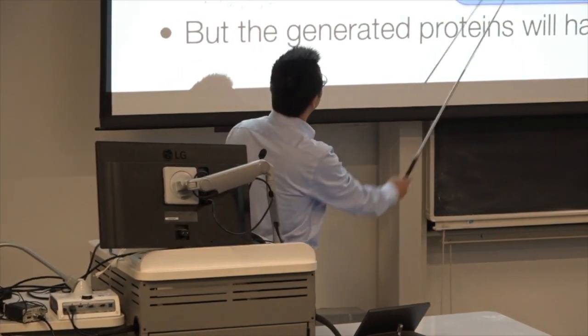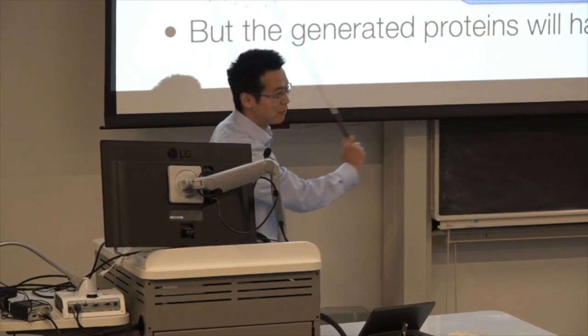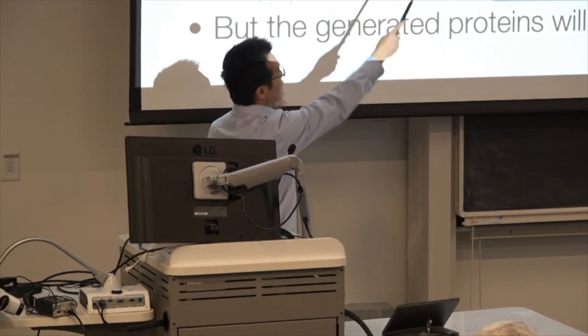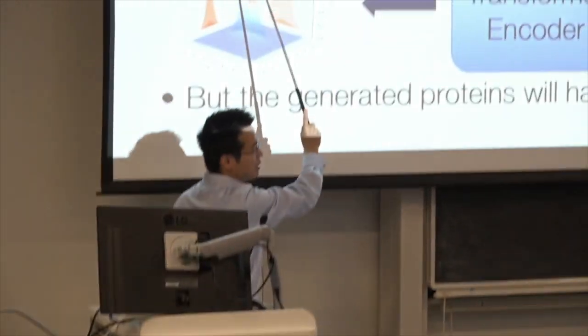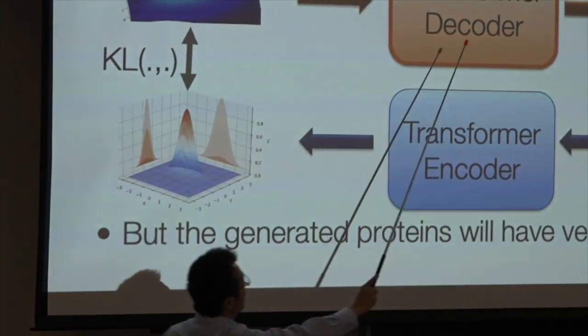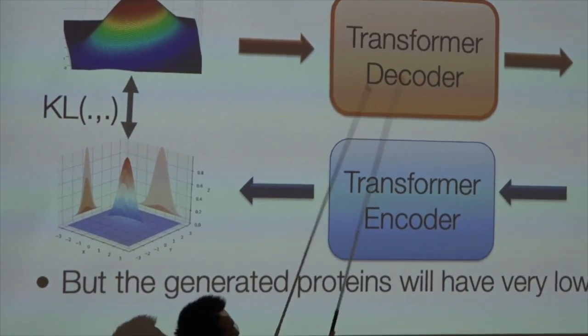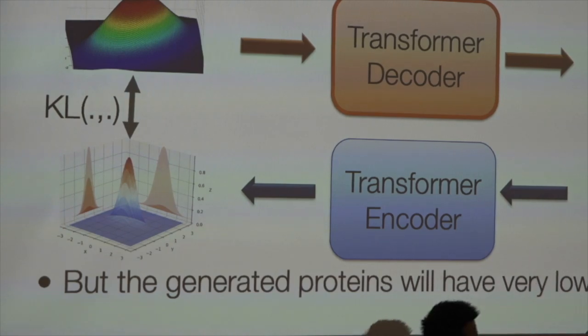So this is one framework to train the model. It's basically a variational autoencoder. We assume the data, the raw protein, is generated from a standard multivariate Gaussian distribution. And then we have a transformer decoder, because here we only model the sequence. So we can use a transformer autoregressive decoder to generate a sequence like this.